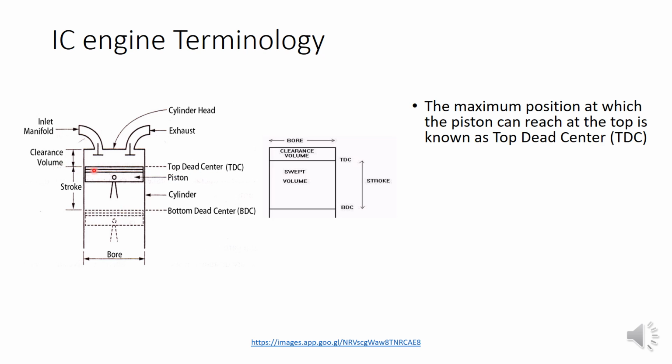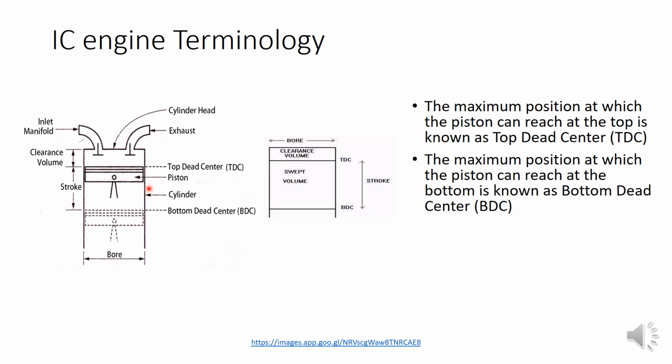Here you can see the piston can reach up to maximum this level. So we can mark this level as top dead center or TDC. Similarly, the maximum point the piston can reach when it is moving downward, or when it is at the bottom part, is known as BDC. Here you can see the piston can reach up to maximum here in the downward motion. So that point we can mark as BDC or bottom dead center.